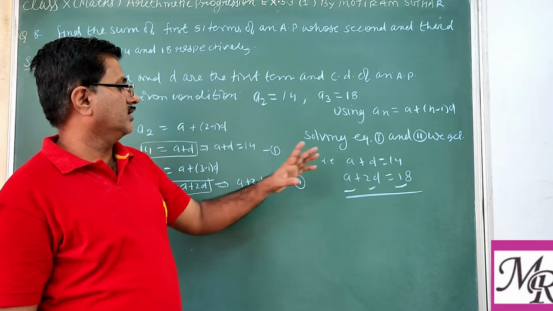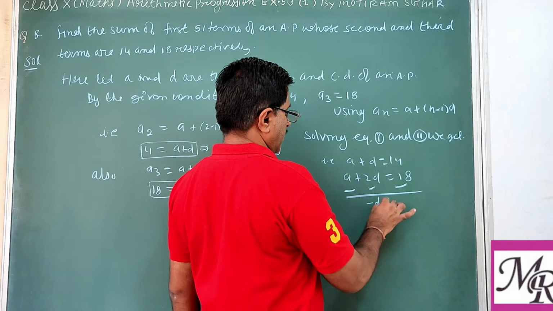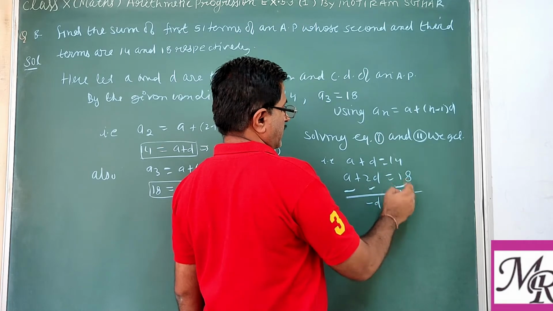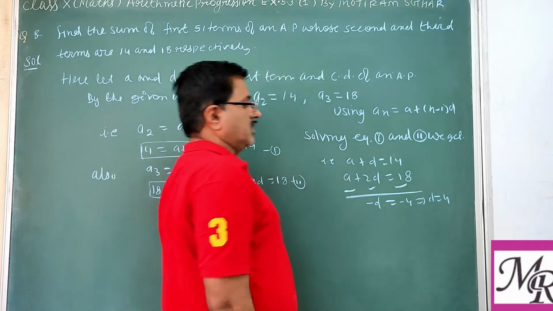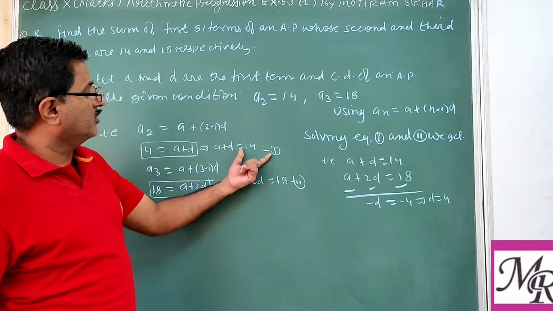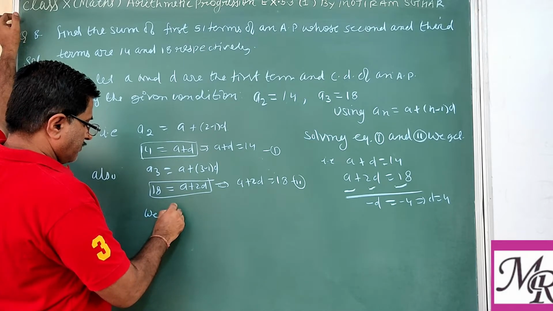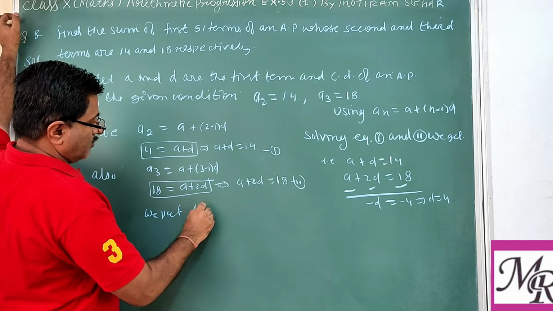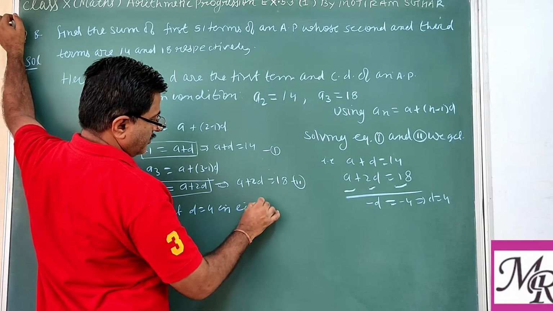So a and minus a cancel, d and minus 2d give minus d, 14 minus 18 is minus 4. So minus and minus cancel, and we get the common difference d equal to 4. Now you can put this in 1 or 2. So we put d equal to 4 in equation 1.